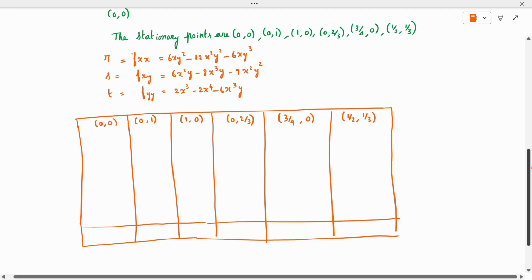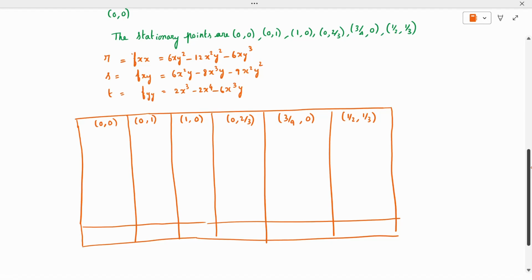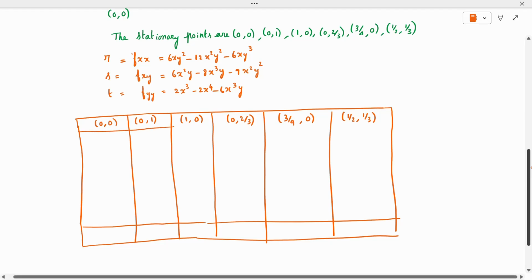Now we are going to check it. When I multiply everything, I feel it is difficult. So R separate, S separate, T separate, I will calculate it.